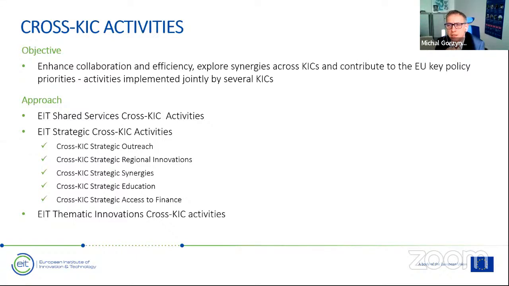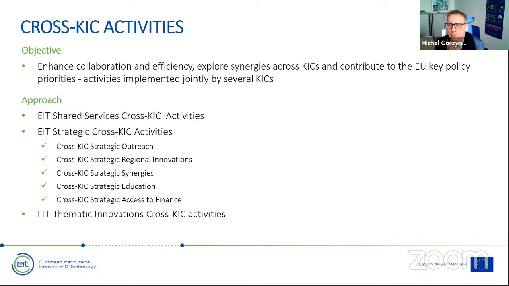When we started cross-kick activities 7-8 years ago, actually we started with EIT risk activity that Luke partially touched upon, and with education activities. Over the last 6-7 years, number of cross-kick activities increased up to 17. So from one hand, it evidences success of this operational modality.